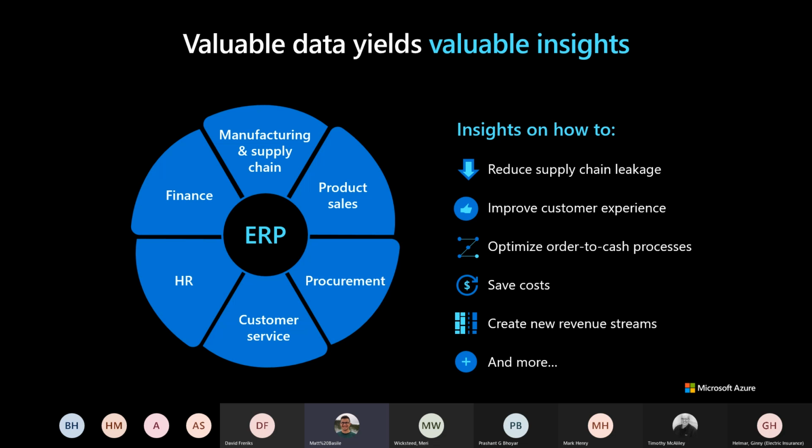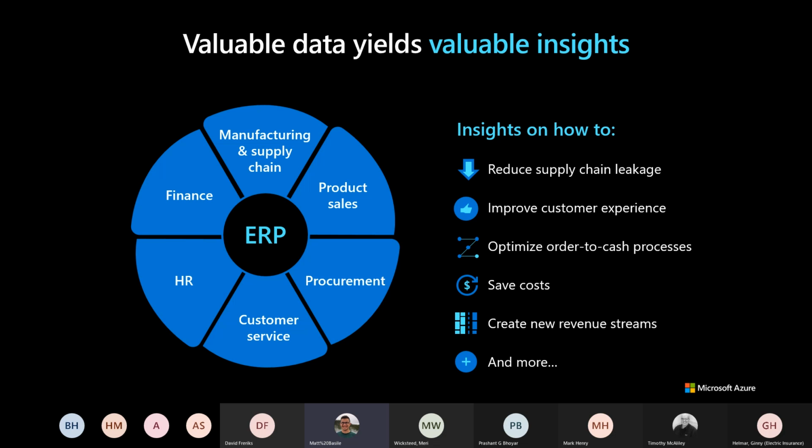We've seen optimizing order to cash processes and saving costs by, once again, just by giving you that really comprehensive view over your data. And then finally, creating new revenue streams. This one I think is always really interesting because it's very often, once again, related to your ability to bring in and create connections between seemingly unrelated data.